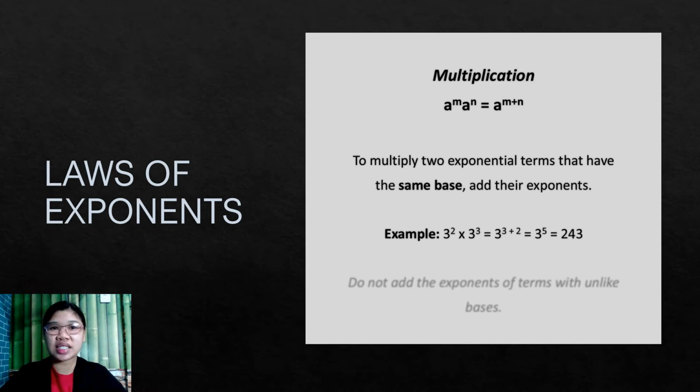Our answer is 3 raised to 5, or multiply 3 five number of times. That is 3 times 3, so 9 times 3, 27 times 3, 81 times 3, that is 243.